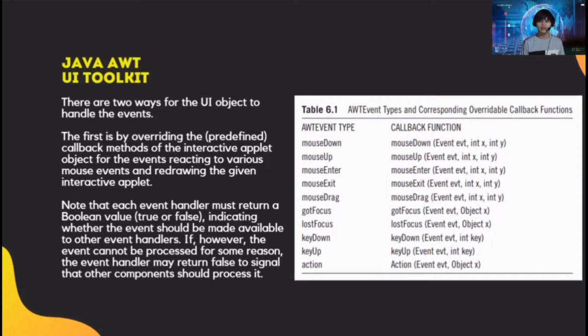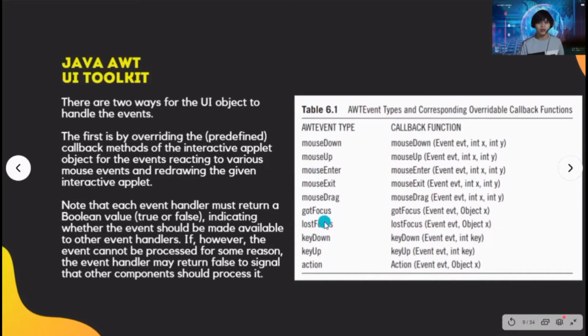Note that each event handler must return a Boolean value, true or false, indicating whether the event should be made available to other event handlers. If the event cannot be processed for some reason, the event handler may return false to signal that other components should process it. So we have these different event types and then the callback functions.